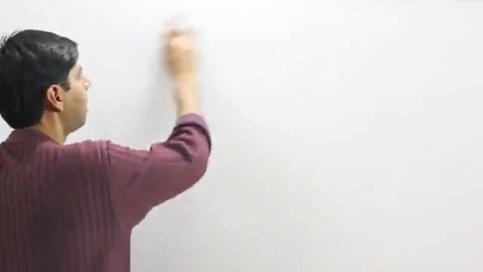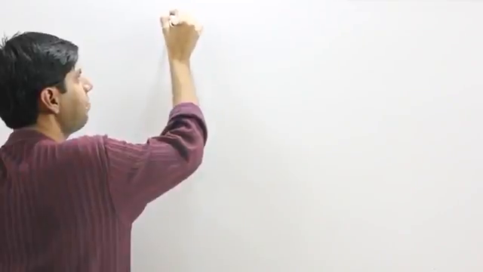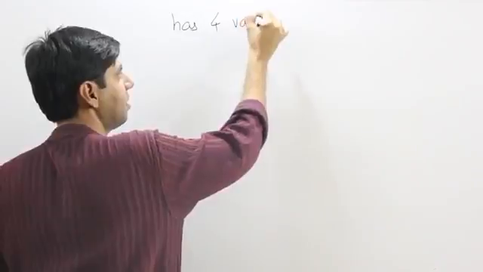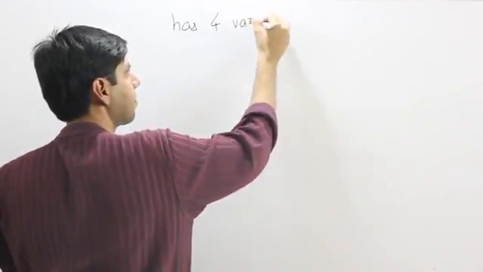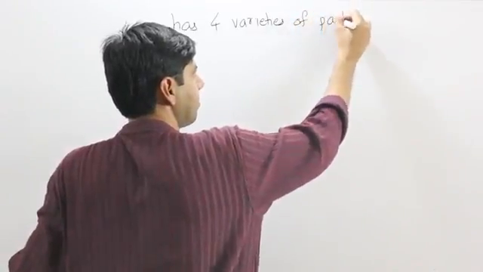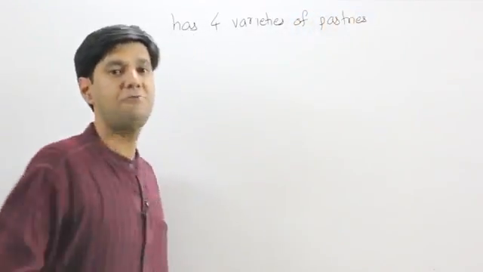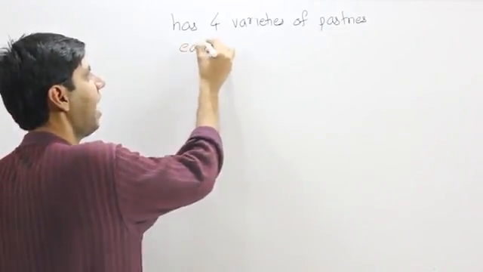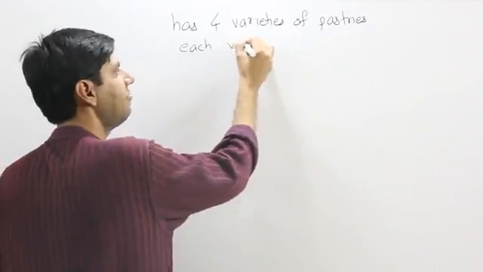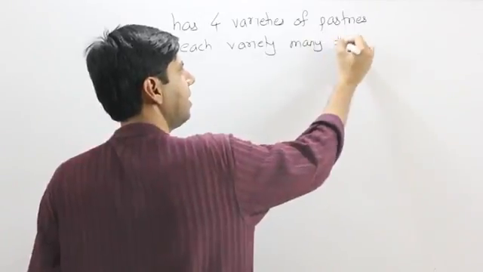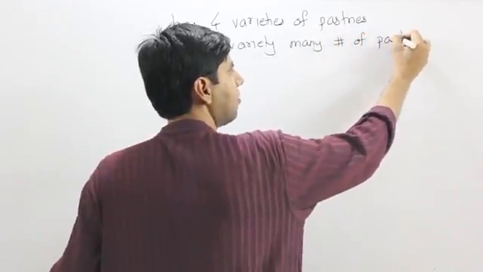We'll just do 2 worded questions. One of them a CAT question, this one. A bakery, let's say, has 4 varieties of pastries. It's also given that each variety has many pastries, so this is not a problem.